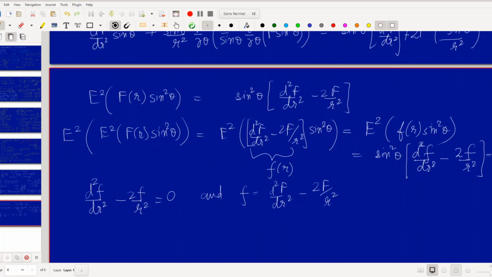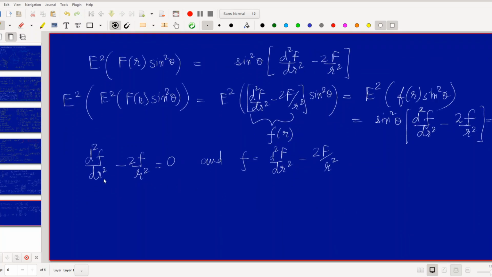So let us multiply by r square. So r square d2f/dr2 minus 2f equals 0. Let's say that the solution exists and is of the form r to the power s. So we have r square times s times s minus 1 times r raised to s minus 2 minus twice r to the power s equals 0.